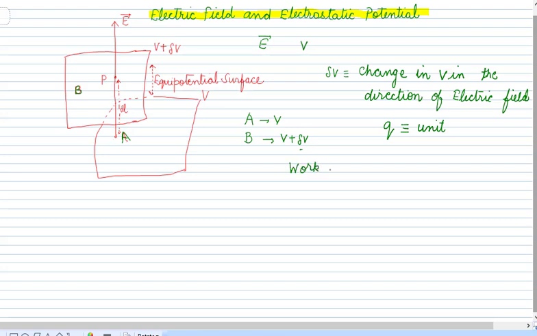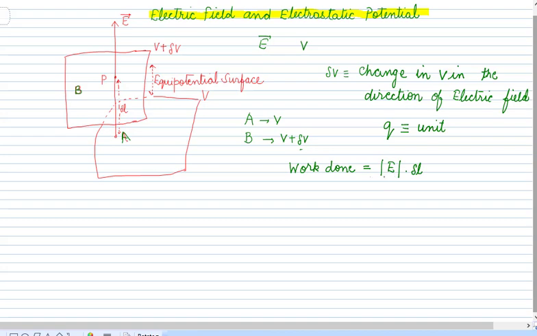So how can we calculate the work done? Because there is a change in the potential energy, that means we are doing some work. So work done will be equal to the electric field into dl. Work done is equal to E dot delta L. And where will this work done go? This work done will add to the electrostatic potential.